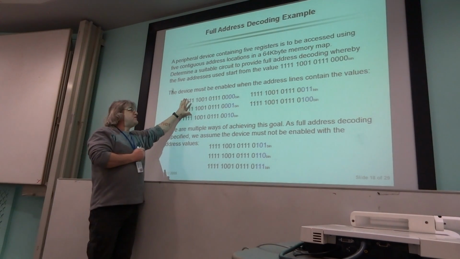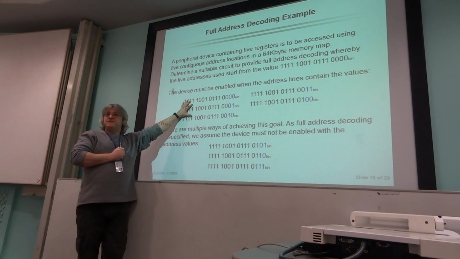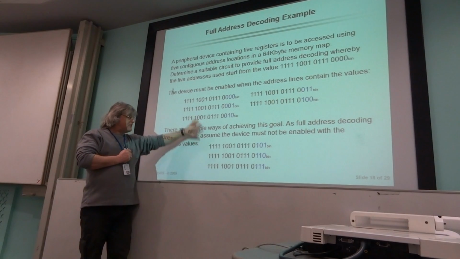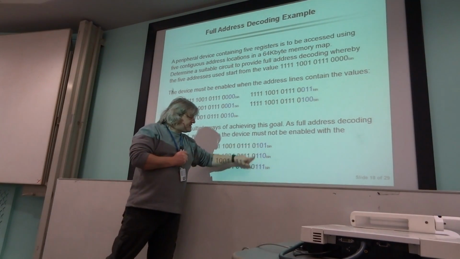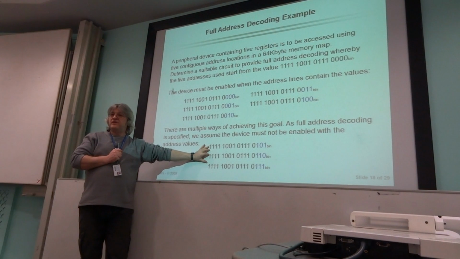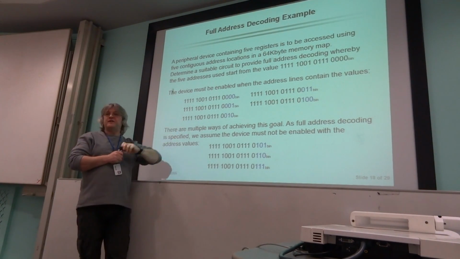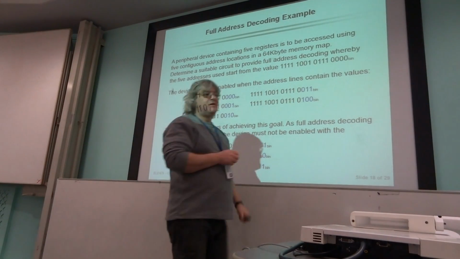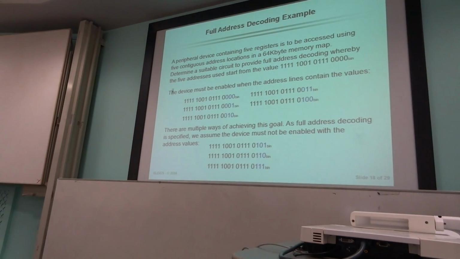So for now, we're going to assume these are the 5 values that must wake it up. There are other values which differ only in the lowest 3 bits, but for now we're going to assume that they're illegal, values that should have it asleep, along with all other values on the address bus.